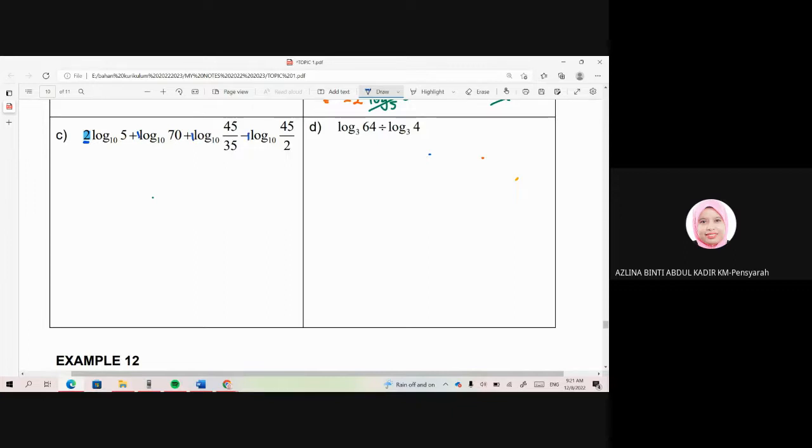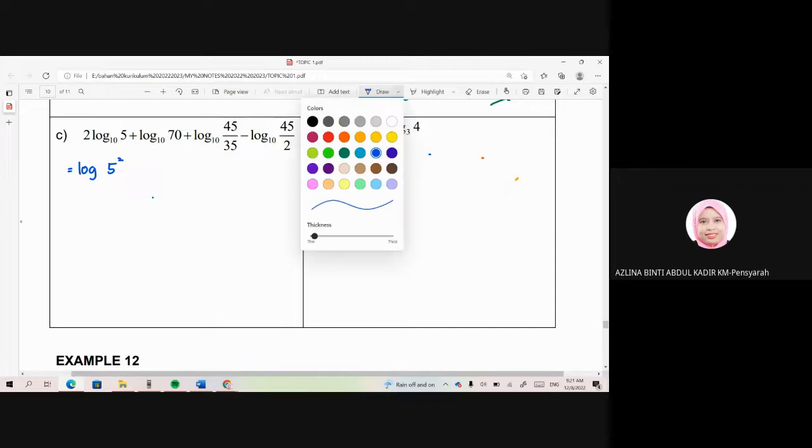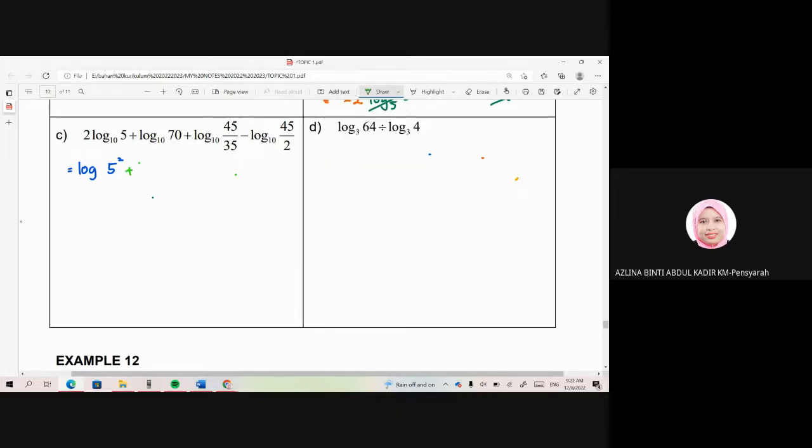So the first term can be written as log 5 squared, the coefficient becoming the power or index. The rest you just copy: plus log 70 plus log 45 over 35 minus log 45 over 2.